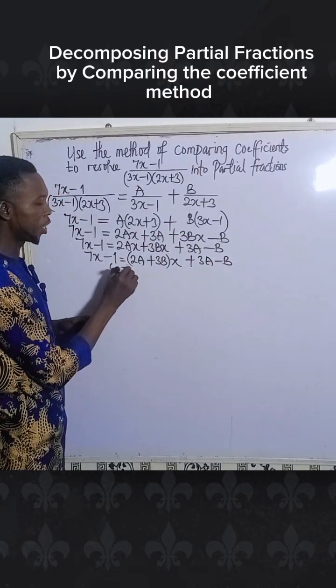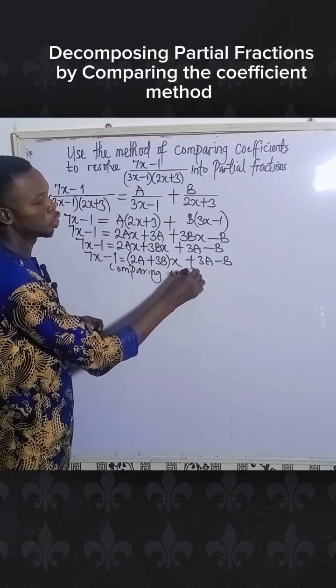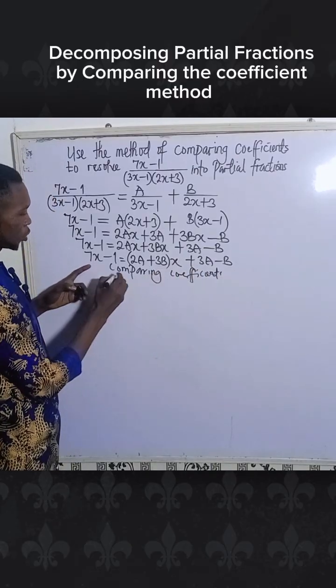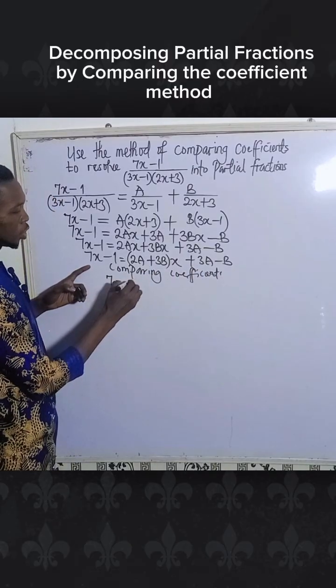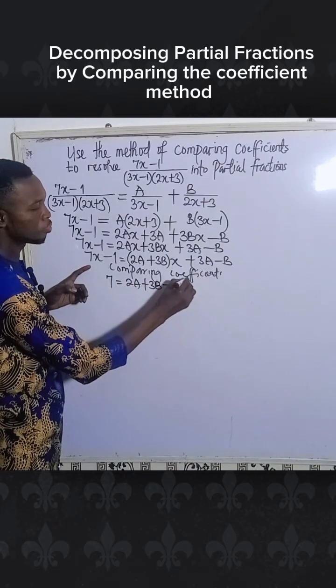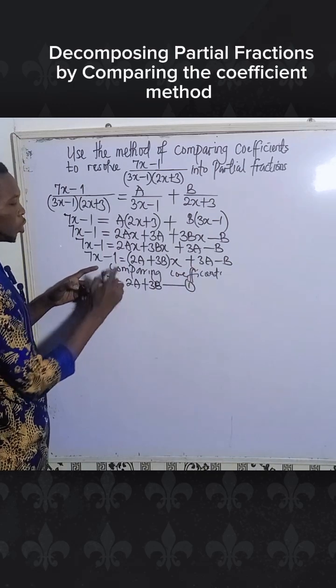So comparing coefficients now. What is the coefficient of x here? Here it is 7 and here it is 2A plus 3B. This will give equation 1, right? So let's compare the constants.